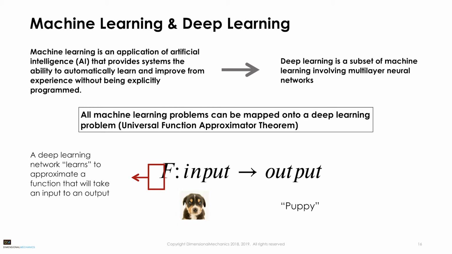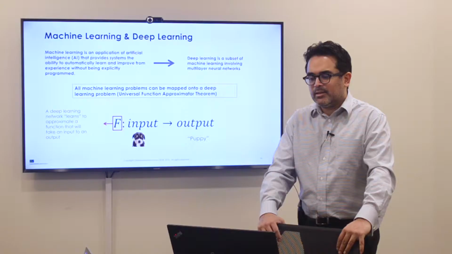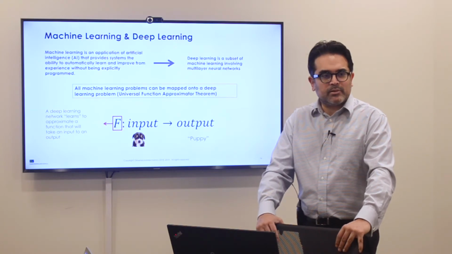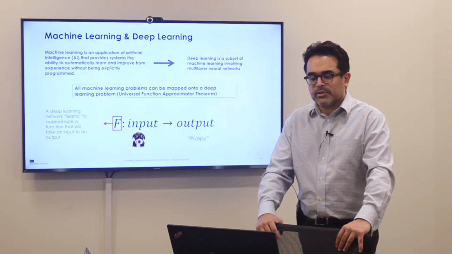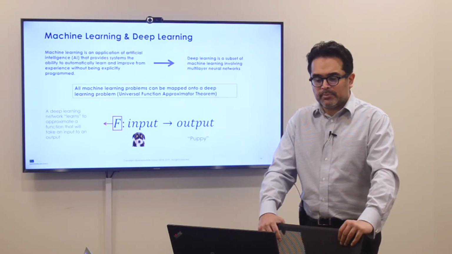So when you look at what a deep learning system is, it's essentially a set of matrices where you multiply a set of matrices and apply a bunch of nonlinear functions on that, and eventually you build something that approximates a function.